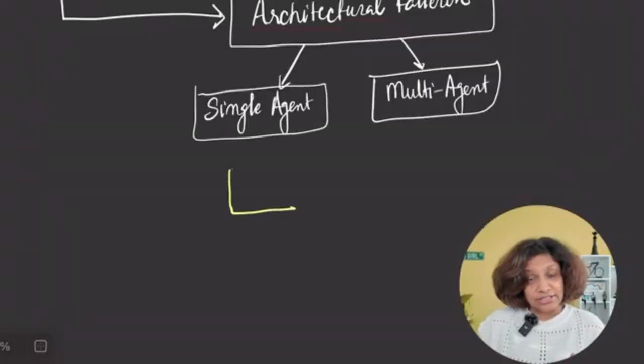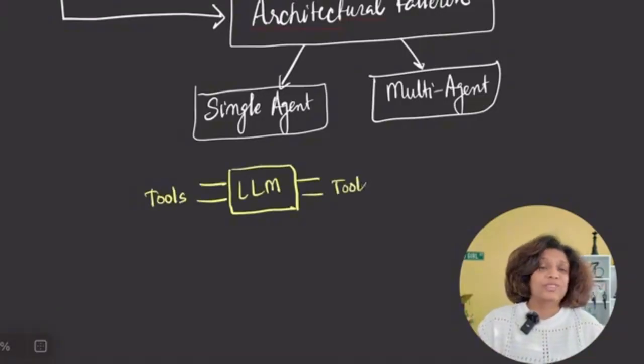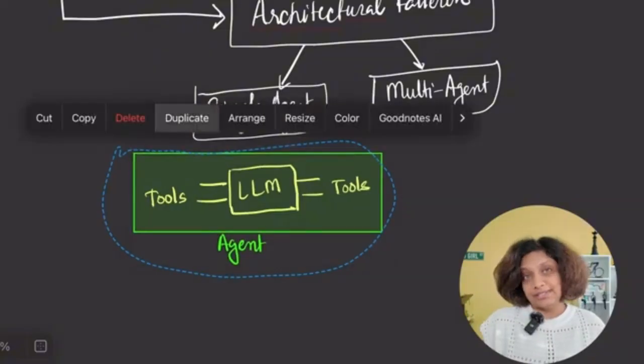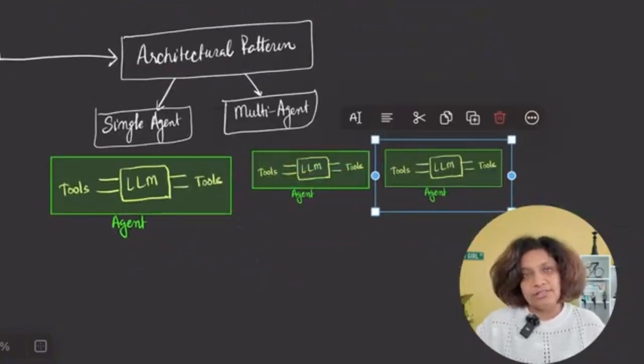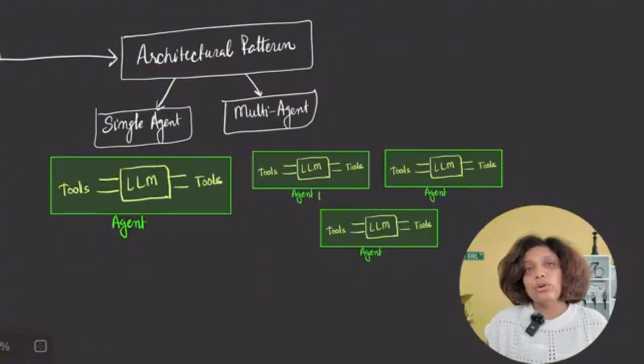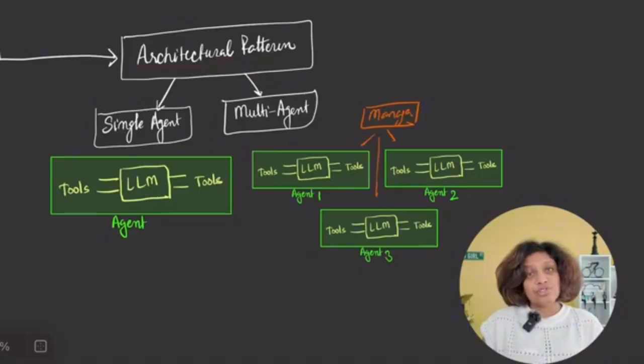Now, you can structure your agents into two main architectural patterns: single agent systems, which are simple and effective, one language model in a loop with a set of tools executing the entire workflow. Now, multi-agent systems are like teams of specialists. The workflow is distributed across multiple coordinated agents, each with their own expertise and tools. Multi-agent systems can follow a manager pattern, where there's a central manager agent that delegates tasks to specialized worker agents.